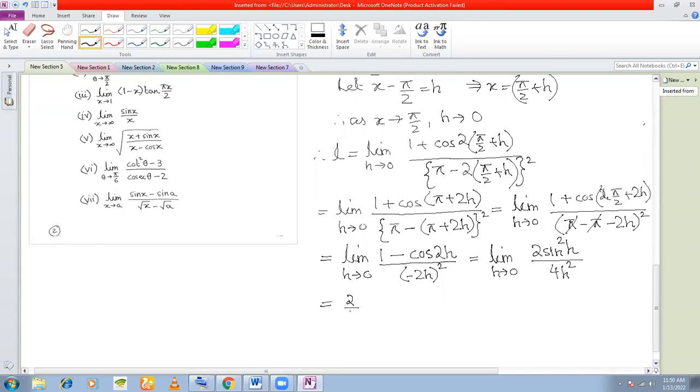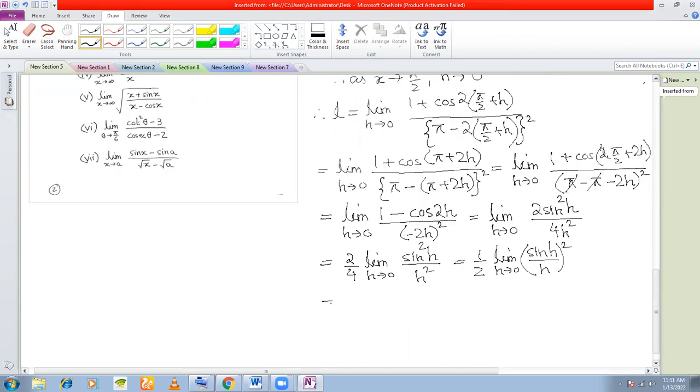You can take 2 by 4 out of this limit, to write this as half limit h tends to 0 of sine square h by h square, which can be written as half into the limit inside the bracket, sine h by h, whole square, which is equal to half into 1 square, which is equal to half. That is the required value of the limit.